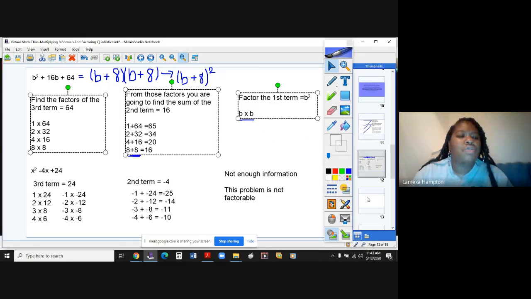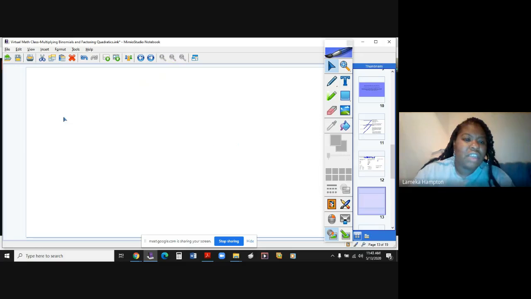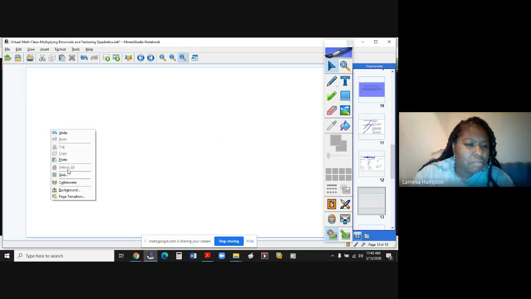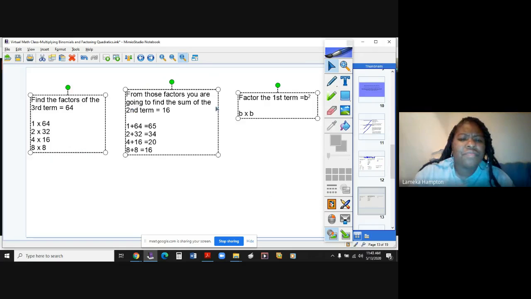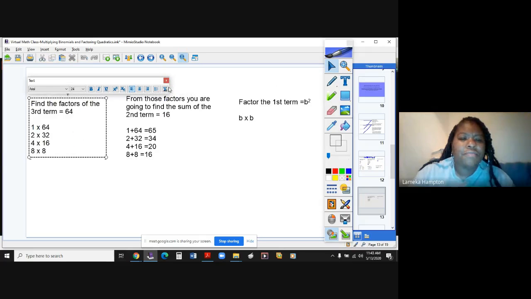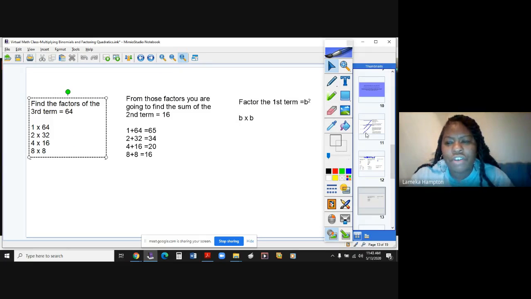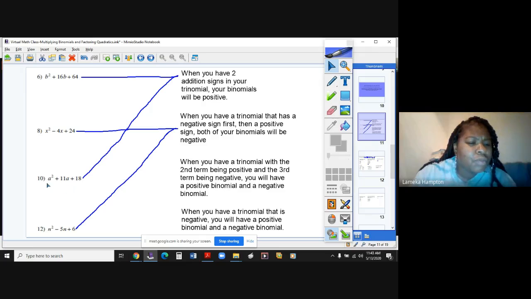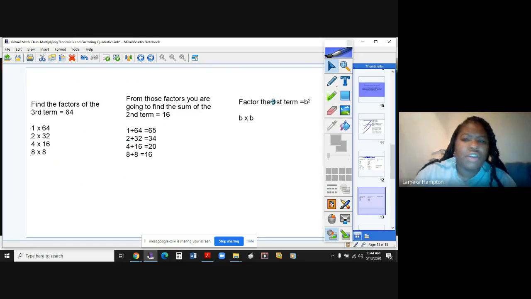So I'm going to go to another slide and I am going to paste this stuff. Okay. All right. But what I'm going to do is I'm going to go to the third problem, which was a squared plus 11a plus 18.